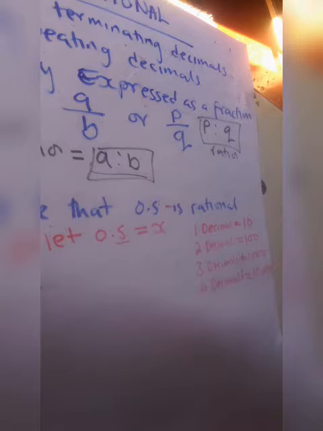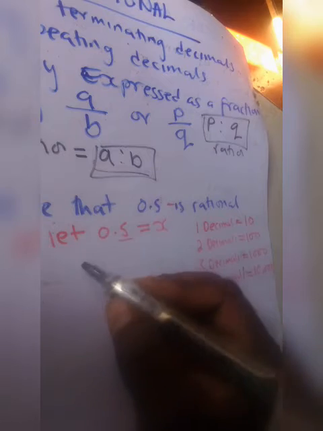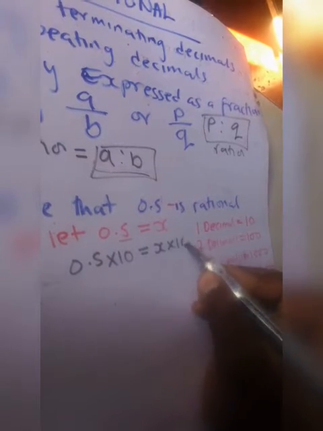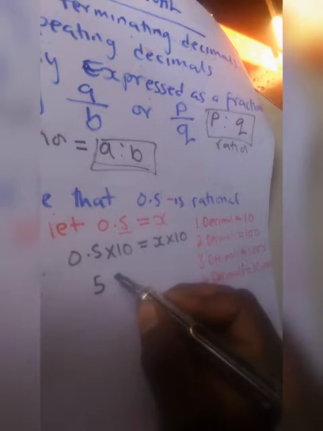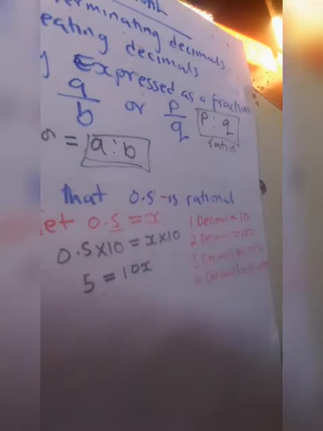So let's multiply both sides by a factor of 10 because you've got one decimal. When you multiply 0.5 times 10 and you multiply x times 10, you're going to have 5, which is equal to 10x.